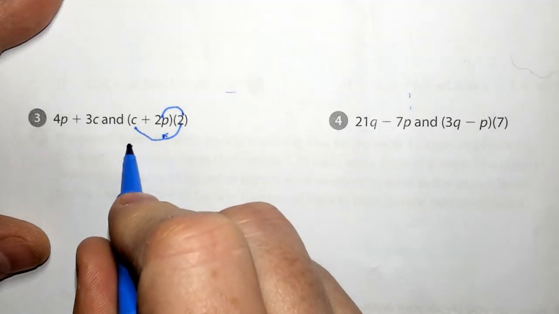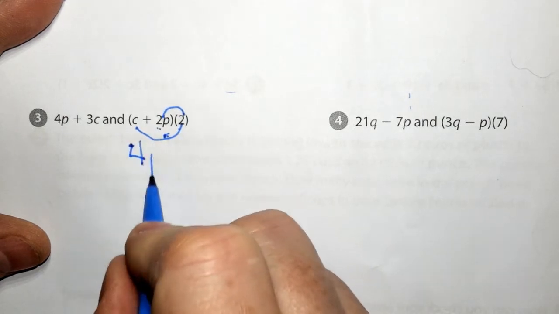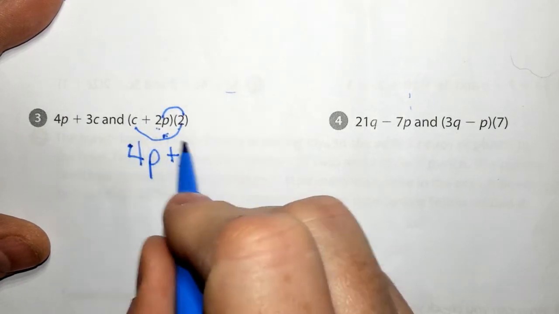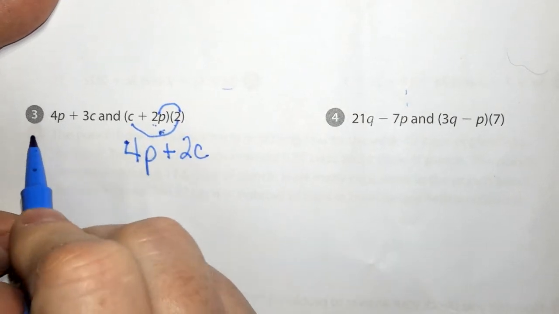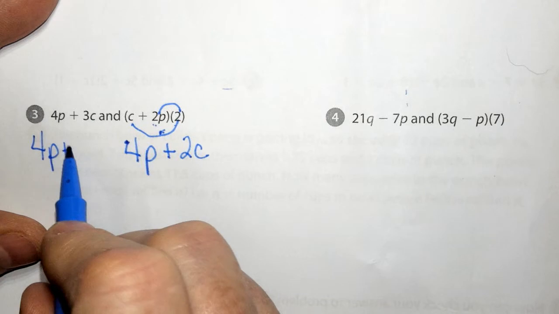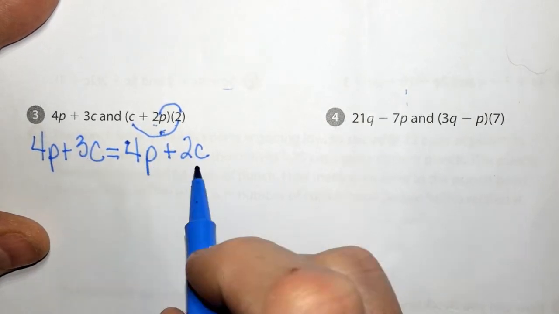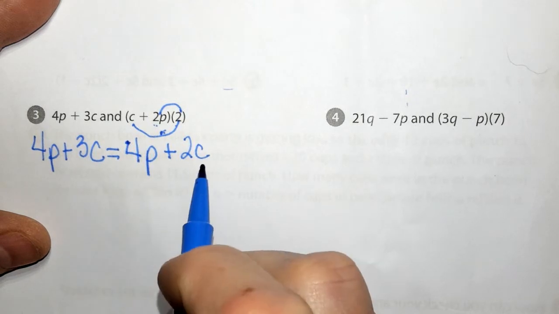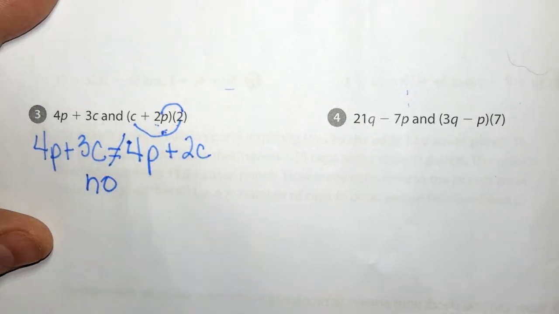So here we would have 2 times 2 is 4. We would have 4p plus 2 times c is 2c. And here we had 4p plus 3c, and we want to see if those are equal. We have a 4p, and here we have a 3c, here we have a 2c. So no, those are not equivalent, so we're going to say no.